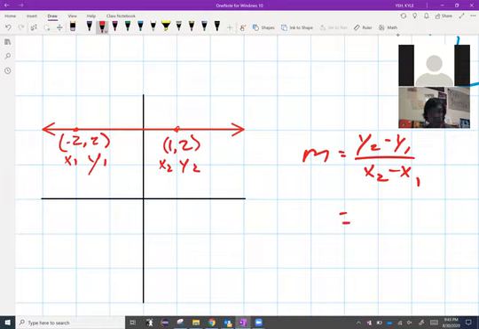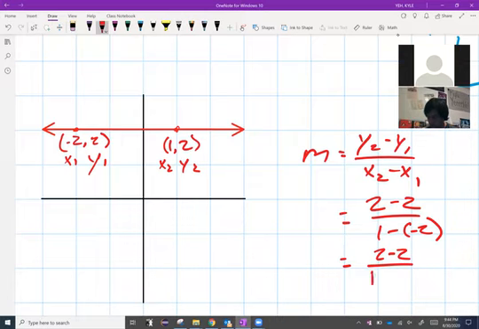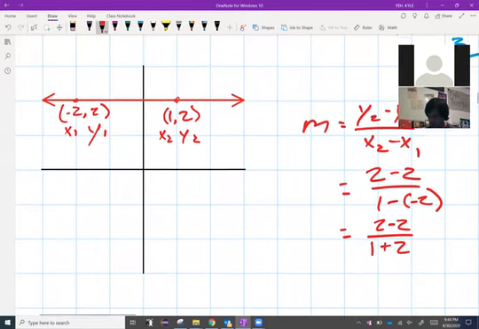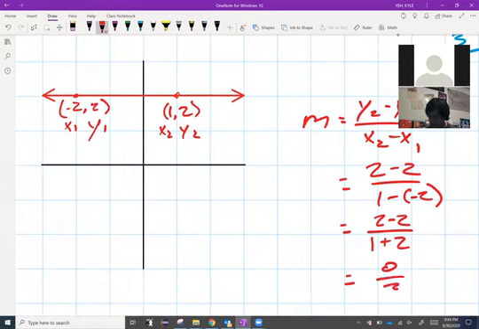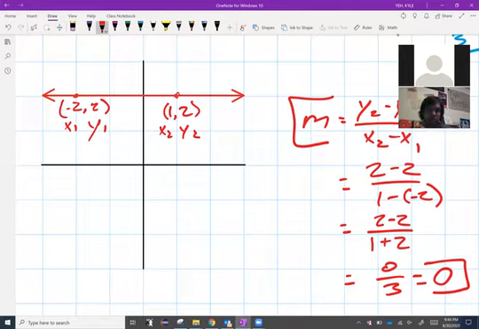So let's plug in just the same way we have been doing. Y2 minus y1 over x2 minus x1. We'll simplify that. 2 minus 2 over 1 plus 2. So 0 over 3, and 0 over anything is just 0.